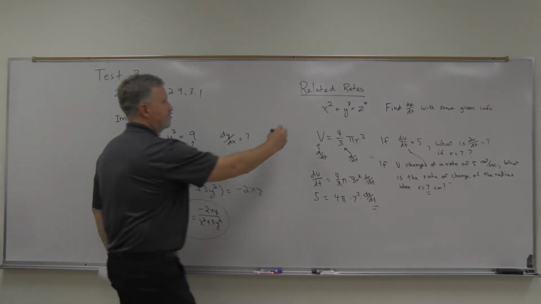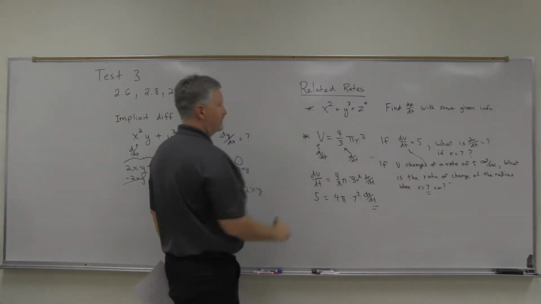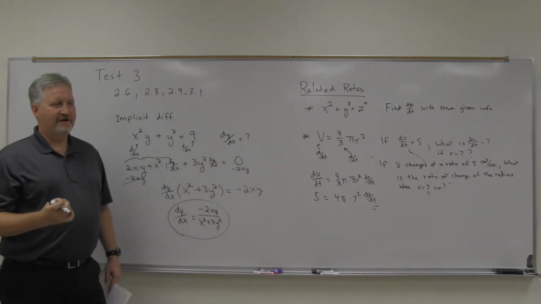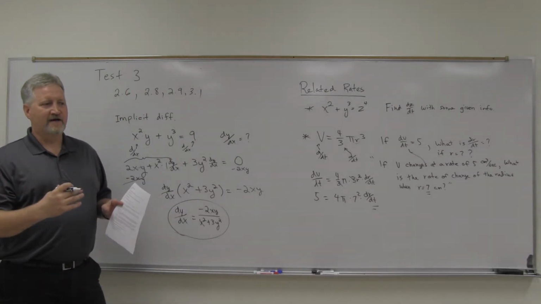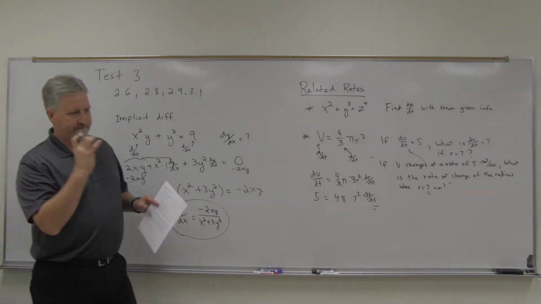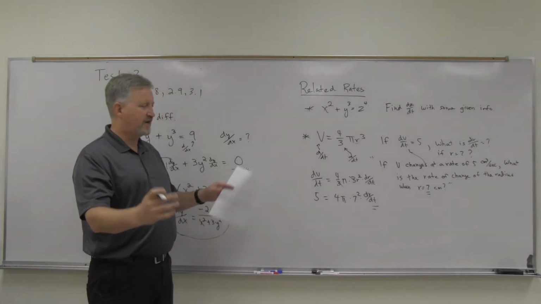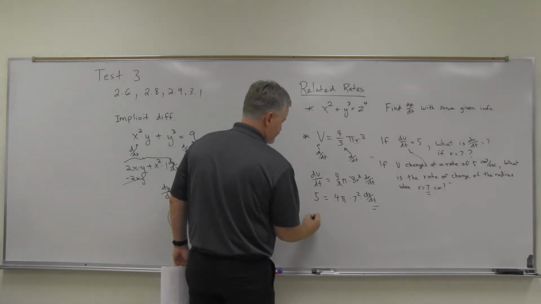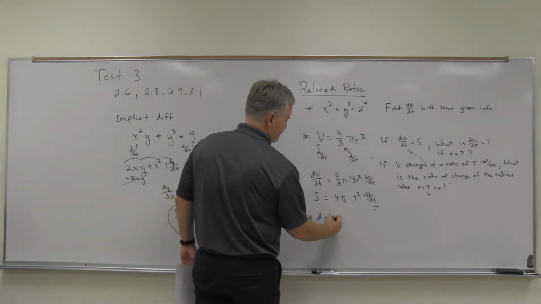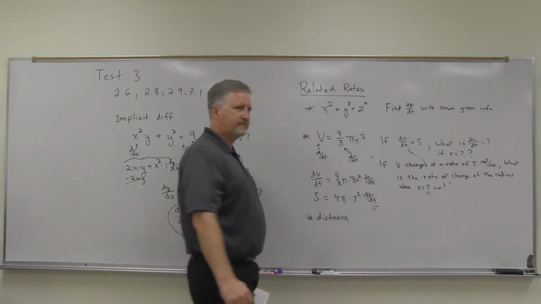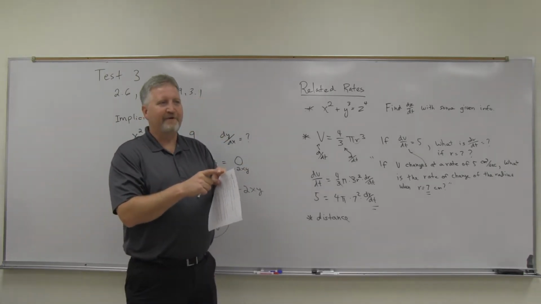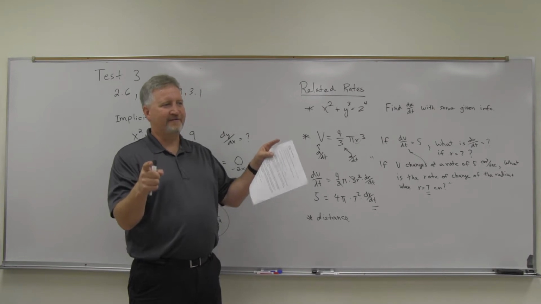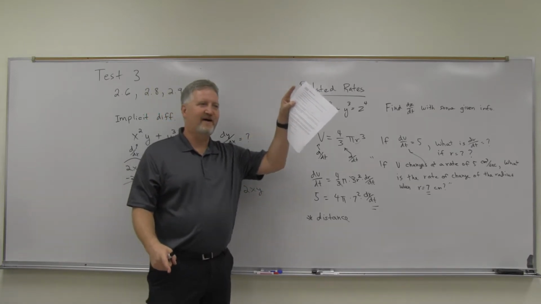So that's another type. Just thinking through the types of related rate problems, well, we had those ones where the distance between them was changing. So let's just call those the distance related rate problems. You know, we had A and B. Maybe they left at the same point, or maybe they were so far apart and one was going north and one was going south, or something like that.